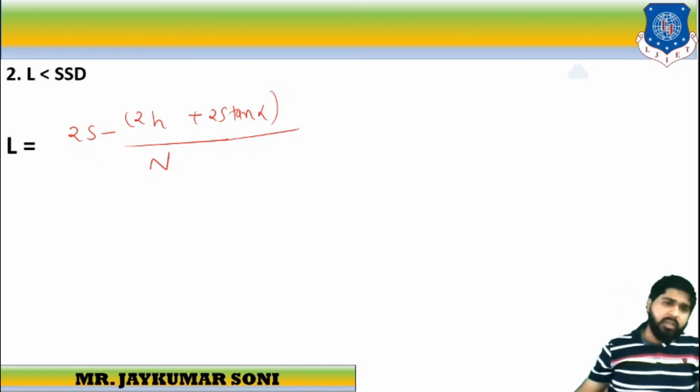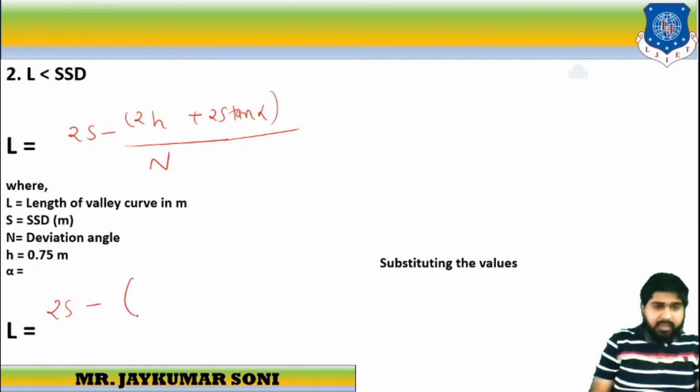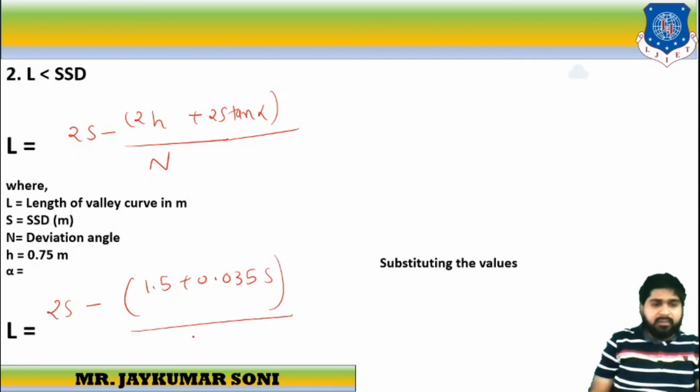If we substitute the values over here, what ultimately we will get as L will be 2S as it is, minus (1.5 plus 0.035S) by N, and this is the inverse of the initial equation, the first equation we have got.